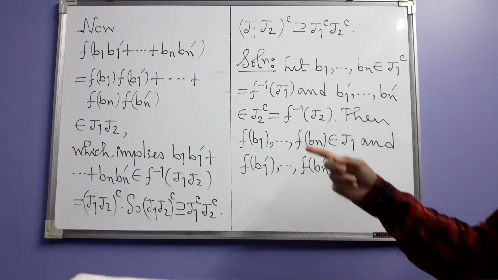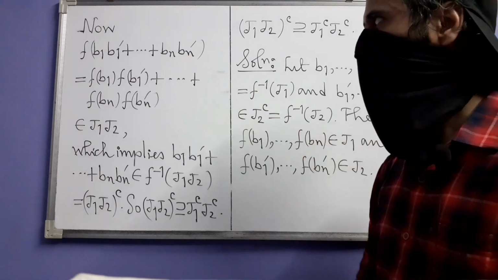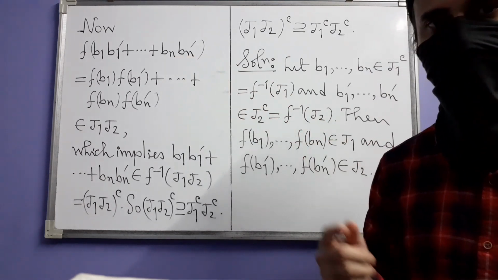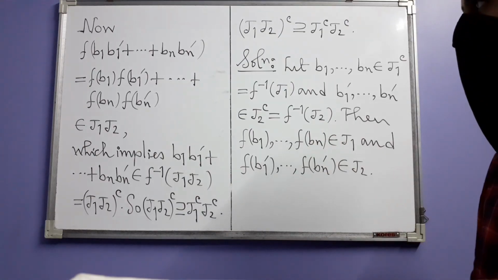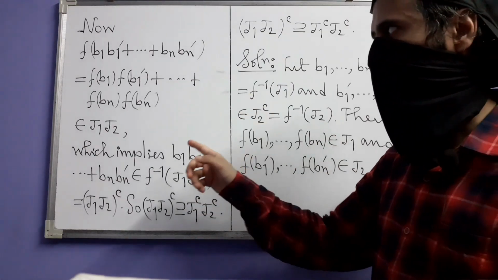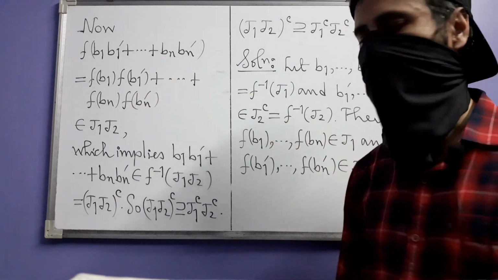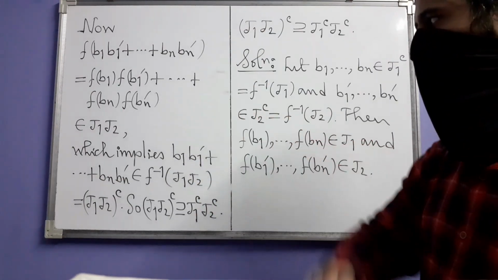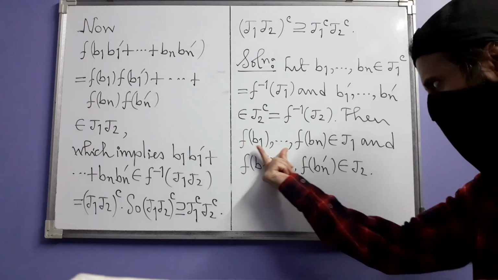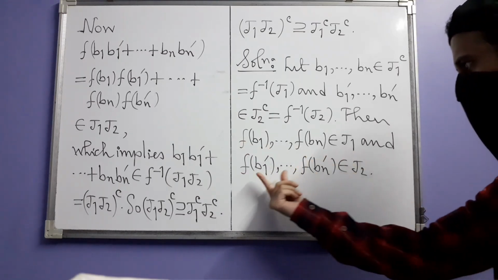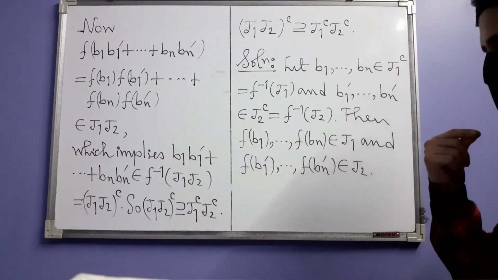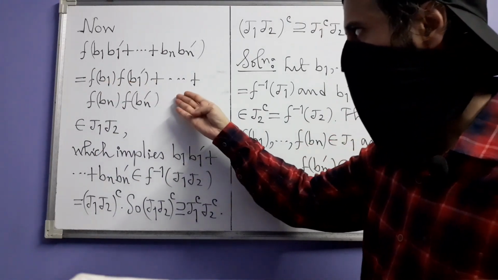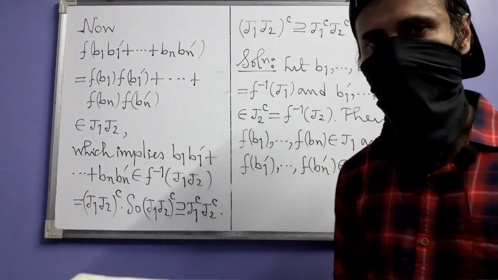Okay. Now you look at this thing. F of b1 b1 prime plus b2 b2 prime up to bn bn prime. Using the fact that F is a homomorphism, that equals this. Okay. Now what can you say about this sum? Because these F images belong to J1 and these F images belong to J2, by the definition of the product J1, J2, this sum belongs to J1, J2.